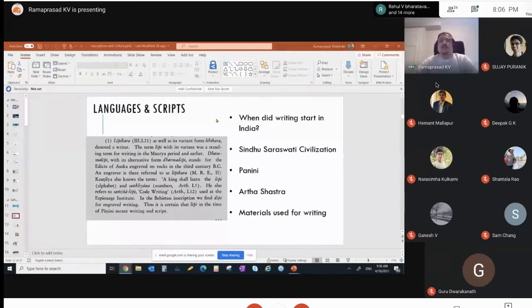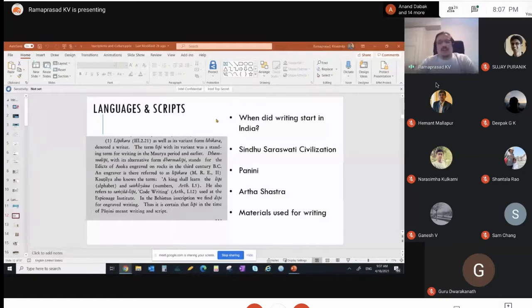The Arthashastra definitely mentions writing. It also talks about the qualities that should be there in a scribe. It also says that a king has to keep records for about 100 years: the annual budget of his kingdom, where money goes, where it comes from, and so on. It's really amazing that these types of things were done at the time.